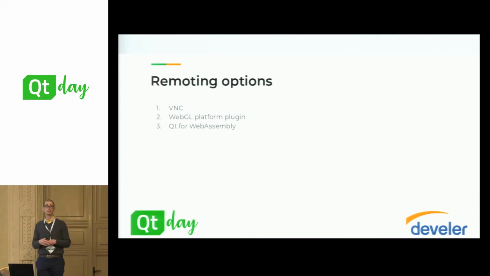Let's start by reviewing the remoting options that you have with Qt, as with any Qt application. These options are embedded in the framework. So you can have VNC, the WebGL platform plugin, and then Qt for WebAssembly.